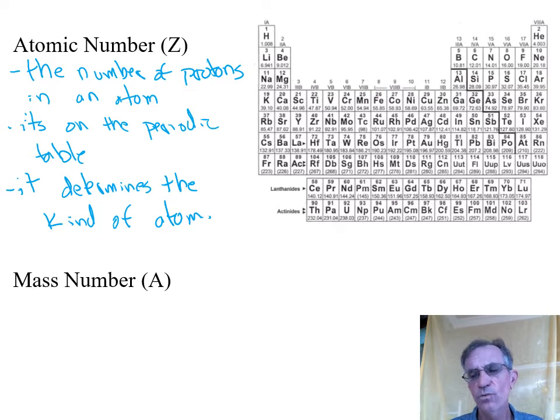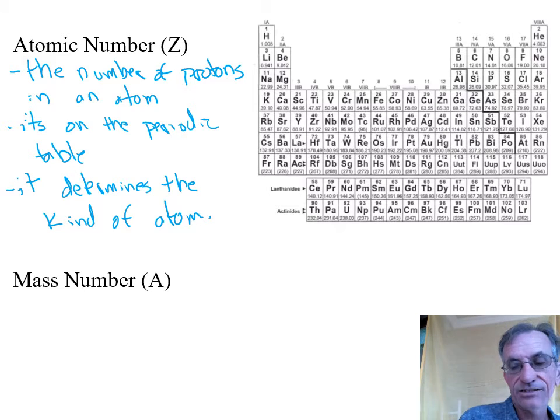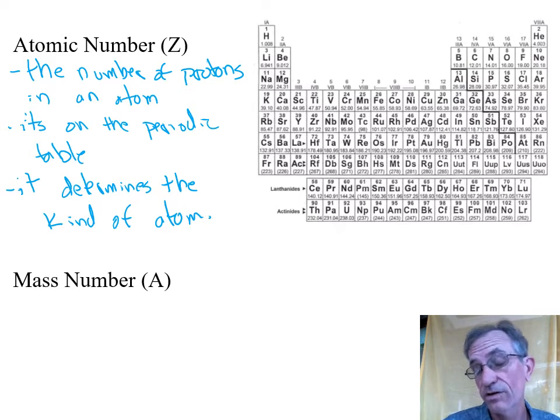All right, now there's one other term that comes up, and that term is called mass number. Again, there's a symbol. The symbol for mass number is the letter A. Now what is that? Well, again, it is telling us about how many of these particles we have.